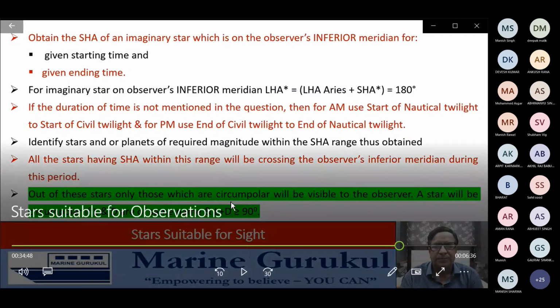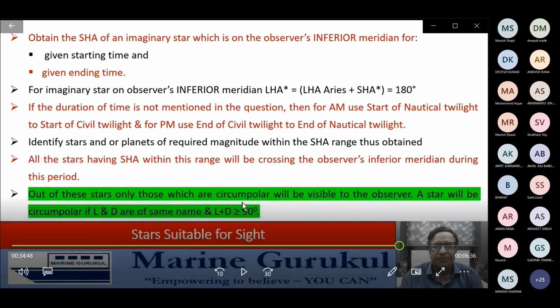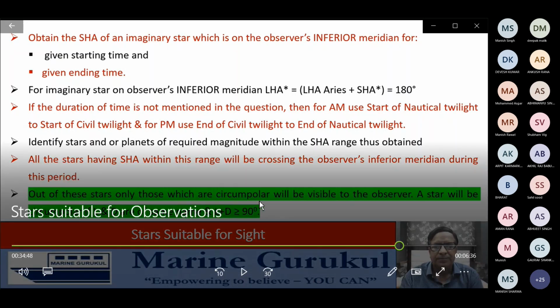Now, another important thing to understand in this question is that for the visibility, since we are talking of the inferior meridian, the L-D criteria will not be applicable here. What will be applicable is the circumpolar criteria. So to check the visibility or suitability for sight, we will need to check if a star is circumpolar or not.